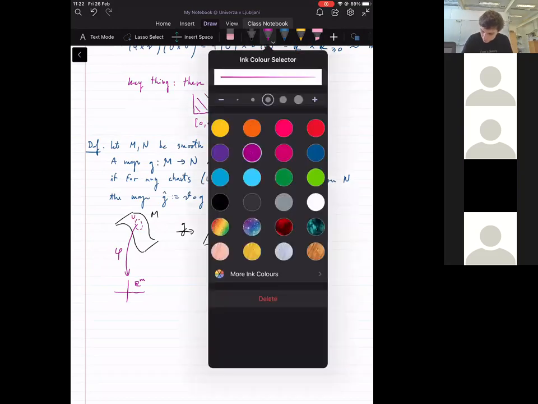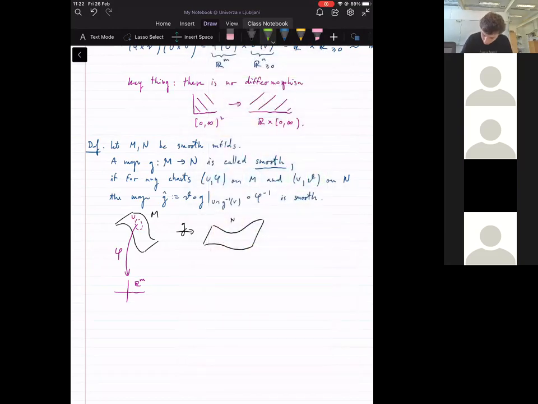Now on the other hand, let's have here a chart V, I mean the neighborhood, the domain of this chart, and we have theta here, right? And this goes to R to the power of n.